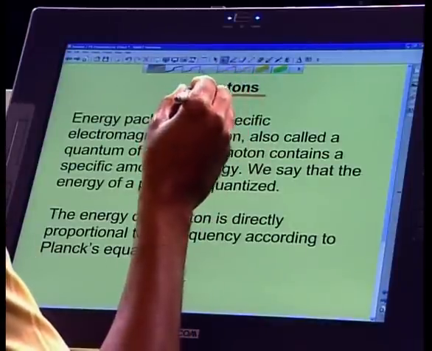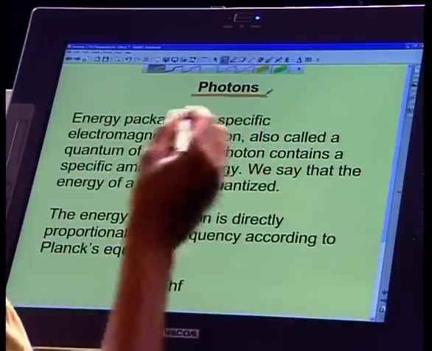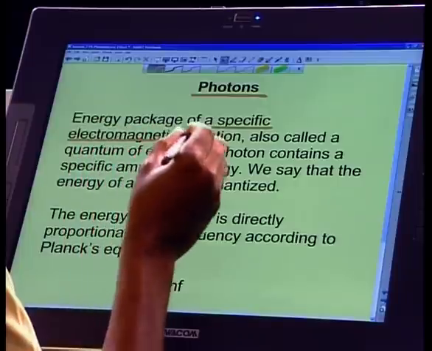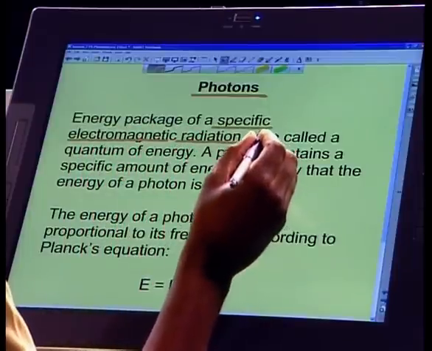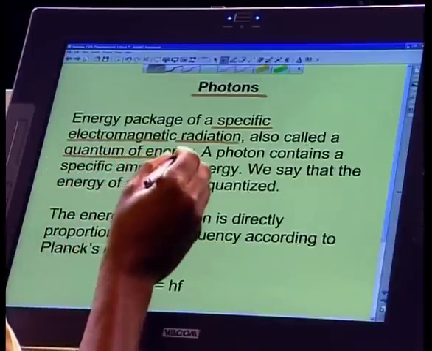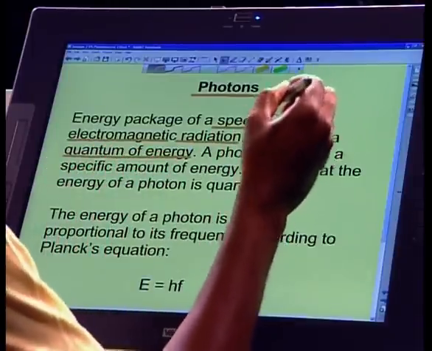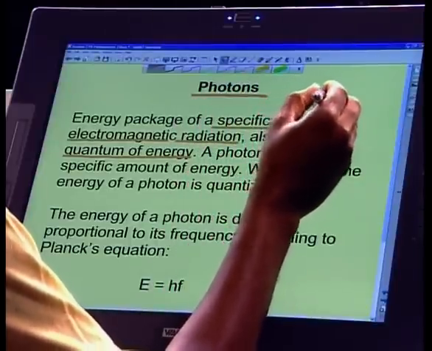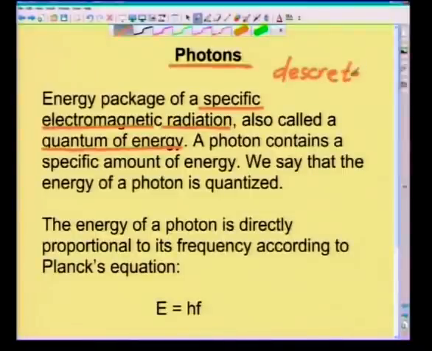Now, these photons are carrying specific electromagnetic radiation, and that is called the quantum of energy. In other words, these photons are carrying a discrete amount of energy. That amount of energy carried by a particular photon can only be that energy.